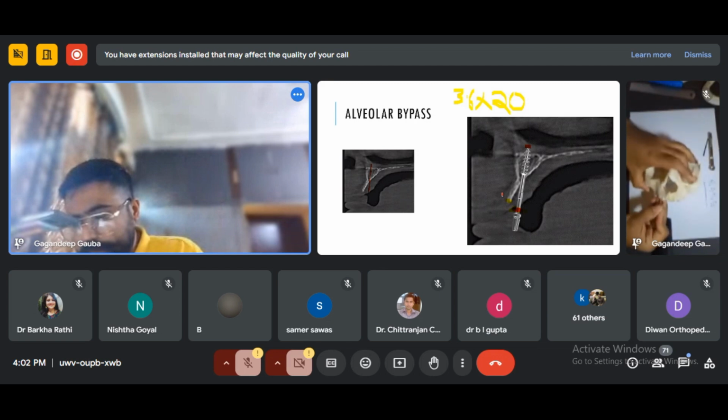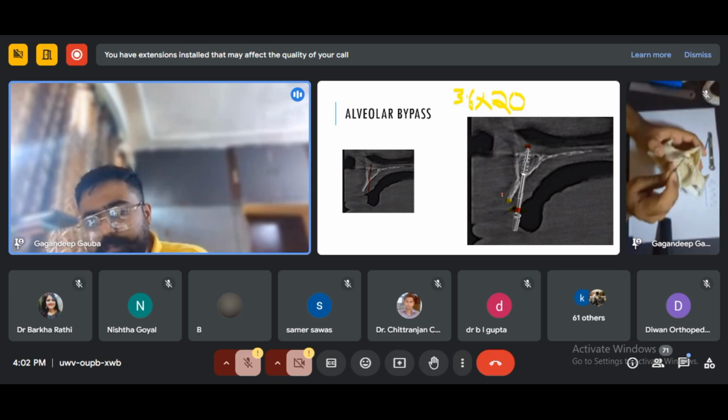I have perforated the nasal cortex by going palatally. Because there was another osteotomy done, they both merged.